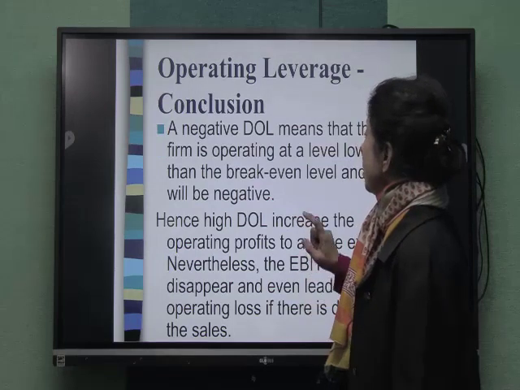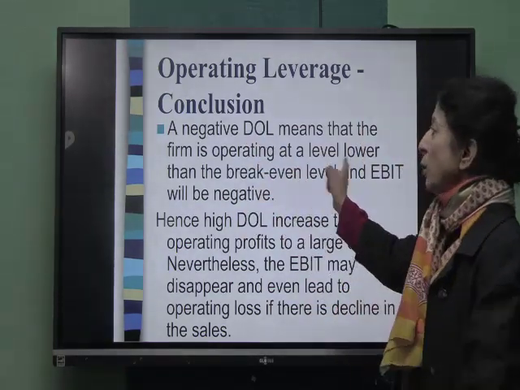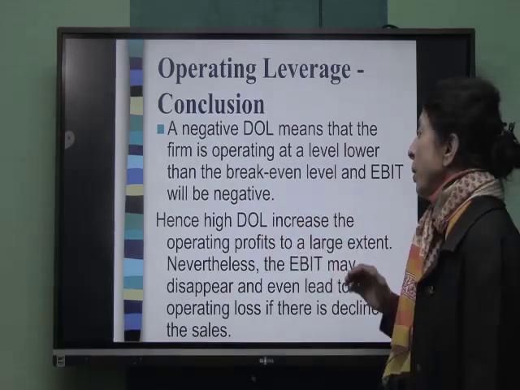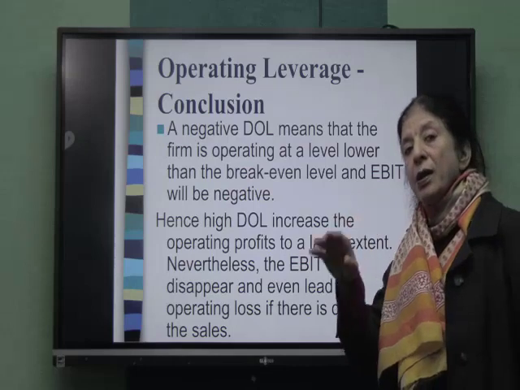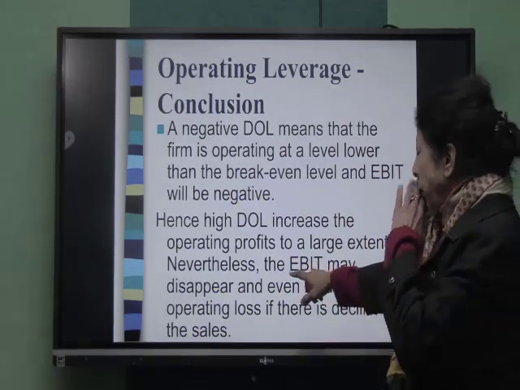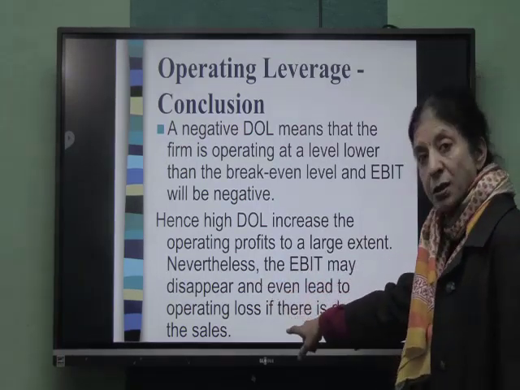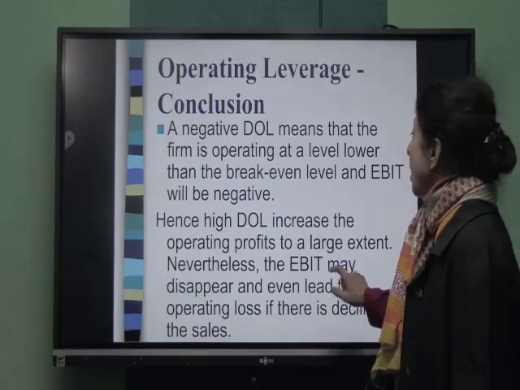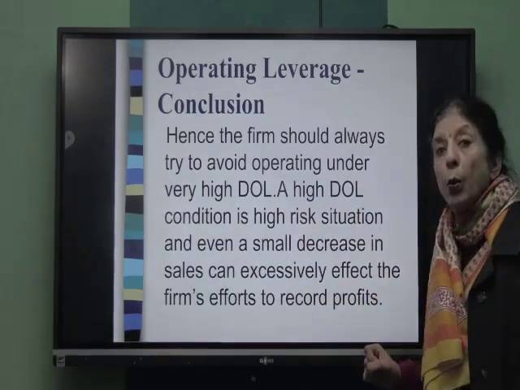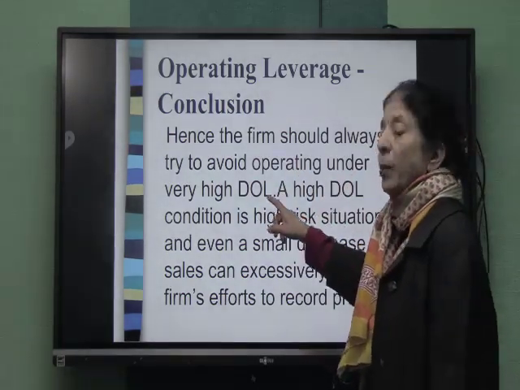Now, just see, here I have given you the negative thing, that it is lower than the break-even point, and hence, high DOL increases the operating profit, while low DOL decreases the profit. That is, the EBIT may disappear and even lead to operating losses if there is a decline in the sales. Okay, and hence the firm should always try to avoid operation under a very high DOL.